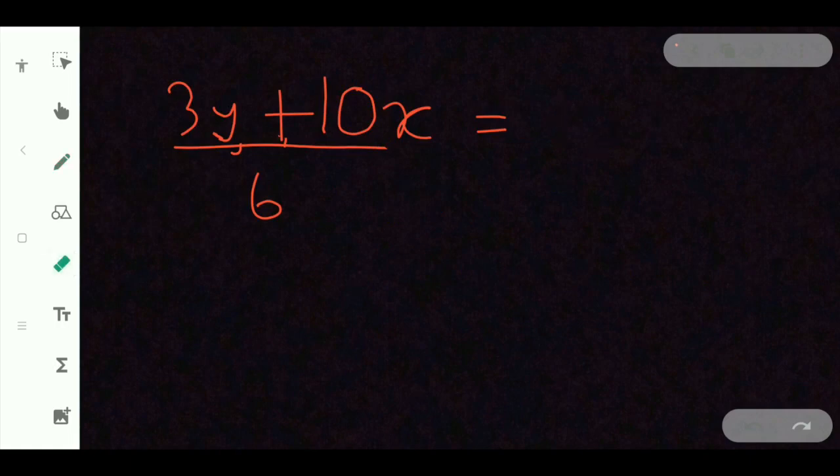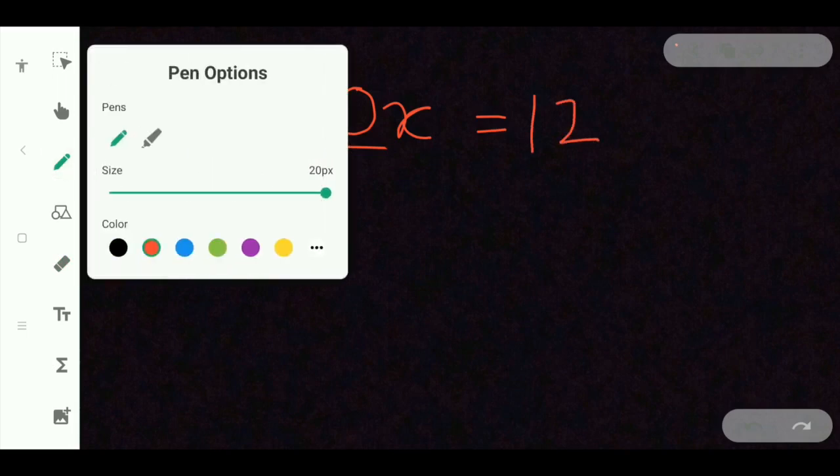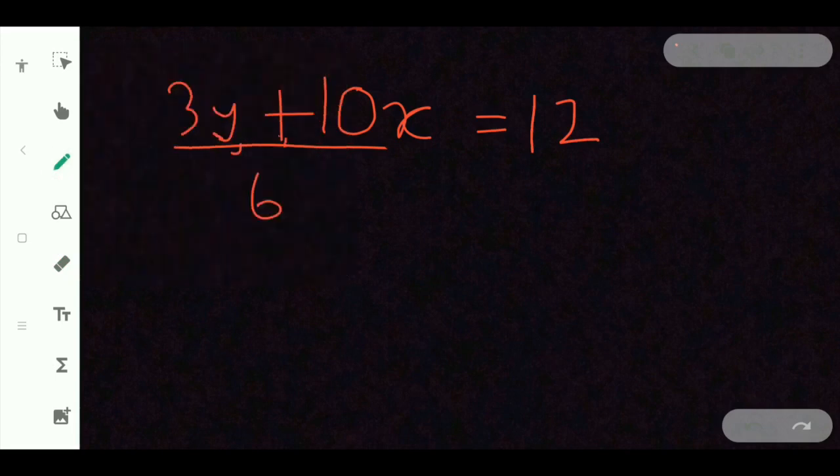Let us now make it into a one line equation. So 6, if I transpose it onto the RHS, it will become 12 into 6.